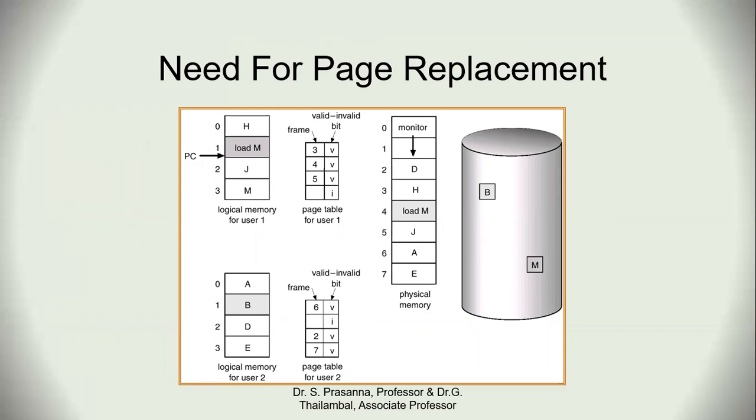So you have logical memory for user 1 and user 2, and the corresponding page table for user 1 and user 2. So you can see the physical memory here, and also B and M block has been stored in the backing store device.